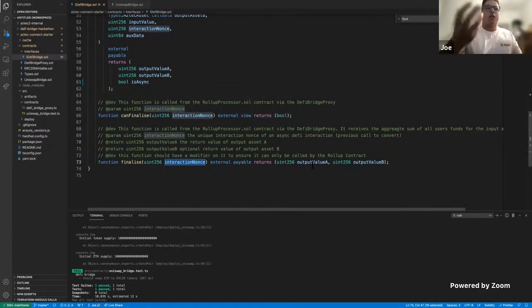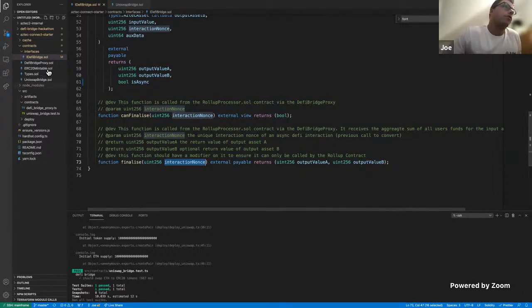So you can think of that as the actual settlement. When you've exited your LP position, you've got the DAI back, you need to send it back to the rollup, and you need to effectively disperse it back to all the users who participated in that particular trade, let's say.